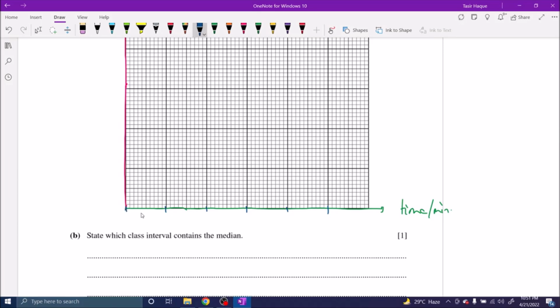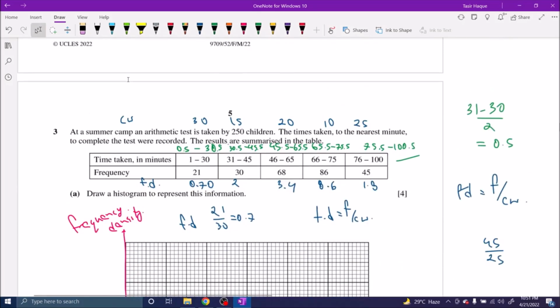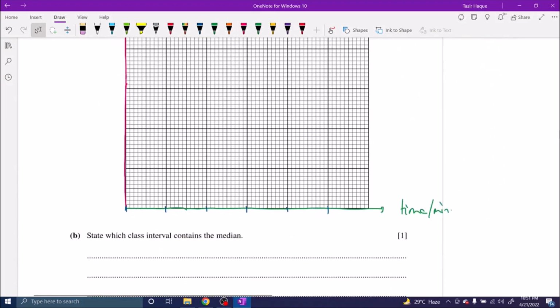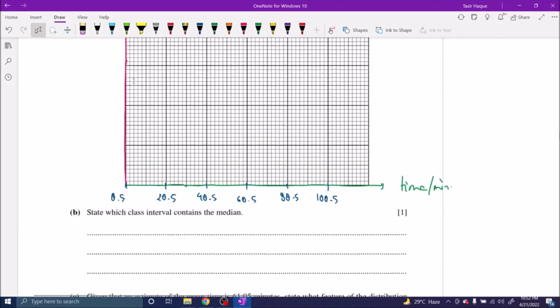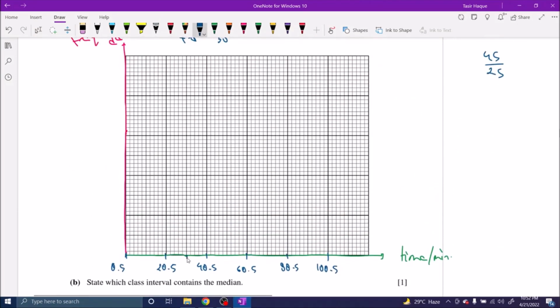Let's apply the continuity correction from the first place, right? We can just start from 0.5. So 0.5, this is going to be 20.5, 40.5, 60.5, 80.5, and 100.5. Okay, now this works. So the first one is from 0.5 to 30.5. That means this to the middle region.